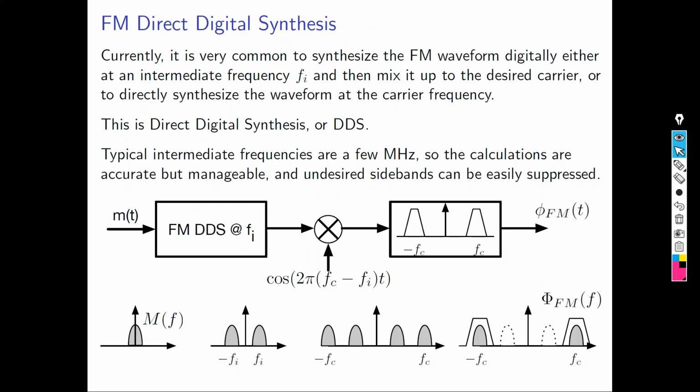You can write the code there, generate the signal, and just send it to the hardware of the USRP, and then you have your FM signal on the air. So this is FM direct digital synthesis, and this is intermediate frequency, and you get your frequency modulated signal.